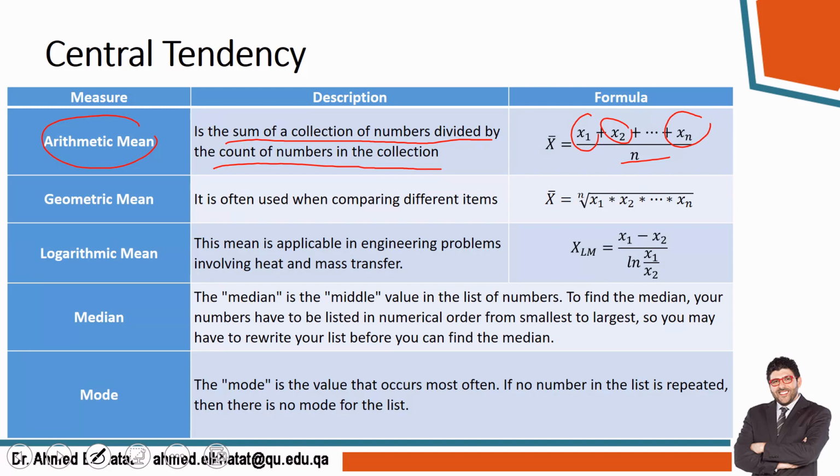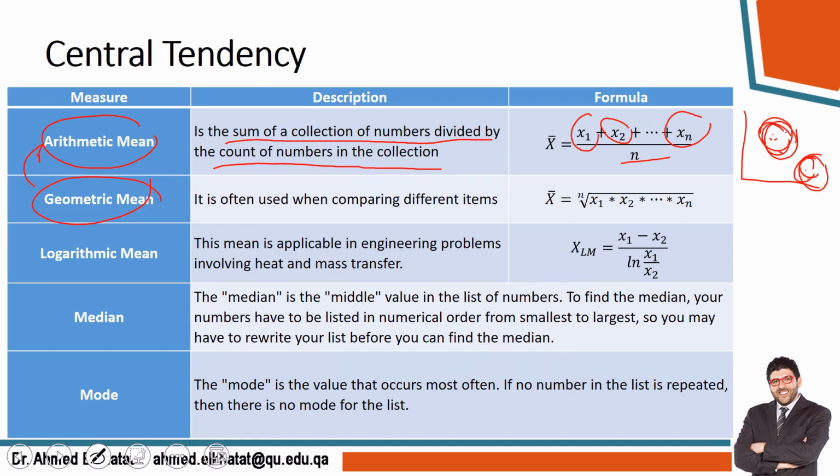Now if you want to measure the geometric mean, it is similar to the arithmetic mean, but it's used for a different category. If you have a set of data, and another set, so we have two groups and you want to find the mean of them, you can't use the arithmetic mean because they're different groups, each one has its own weight.